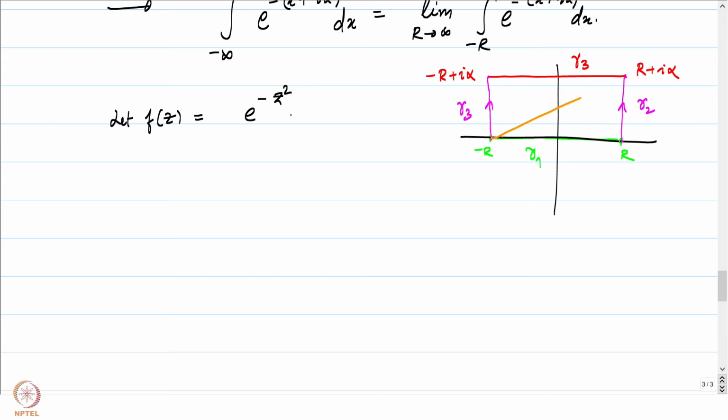Maybe you can connect the diagonal like this, consider this rectangle, this triangle and this triangle, and notice that the integral of the first triangle is the sum of the integral over this straight line followed by this straight line followed by this straight line, and the integral of the second triangle is this straight line followed by this straight line and this straight line.